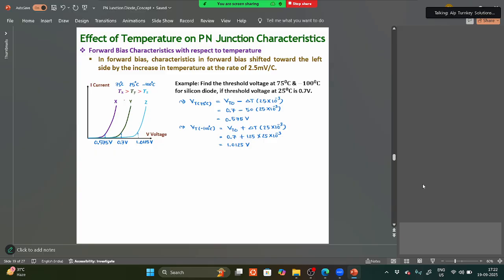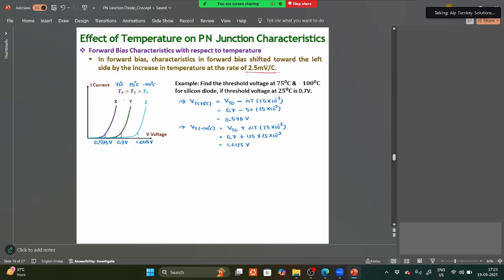So this is the effect of temperature on PN junction diode characteristics. In forward bias, the characteristics shift towards the left side as the temperature increases, at 2.5 millivolts per degree Celsius.